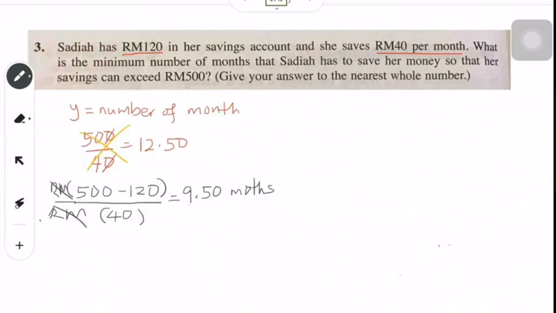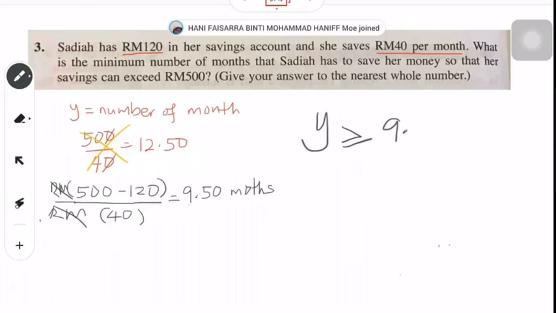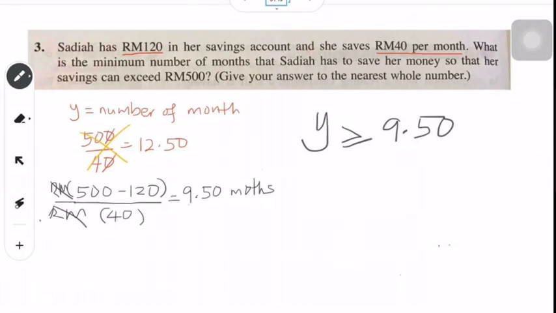Y is greater than or equal to 9.50 months. Izzati's suggestion. Friends, what is your comment?